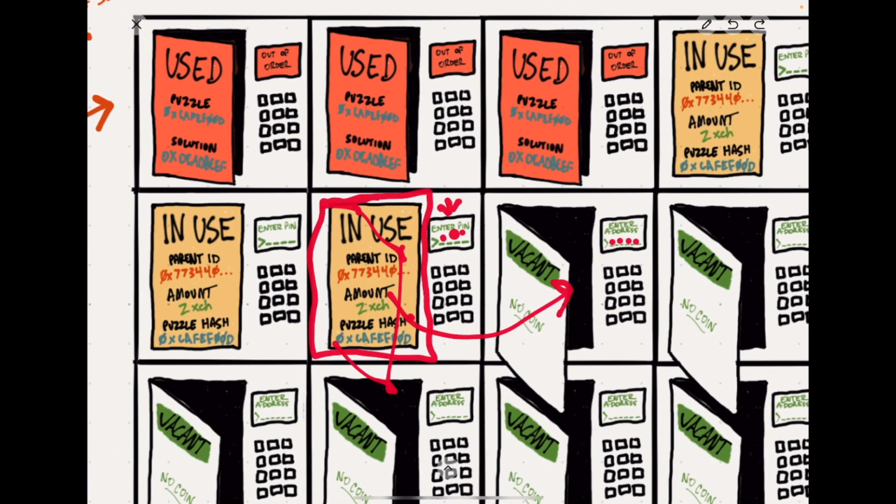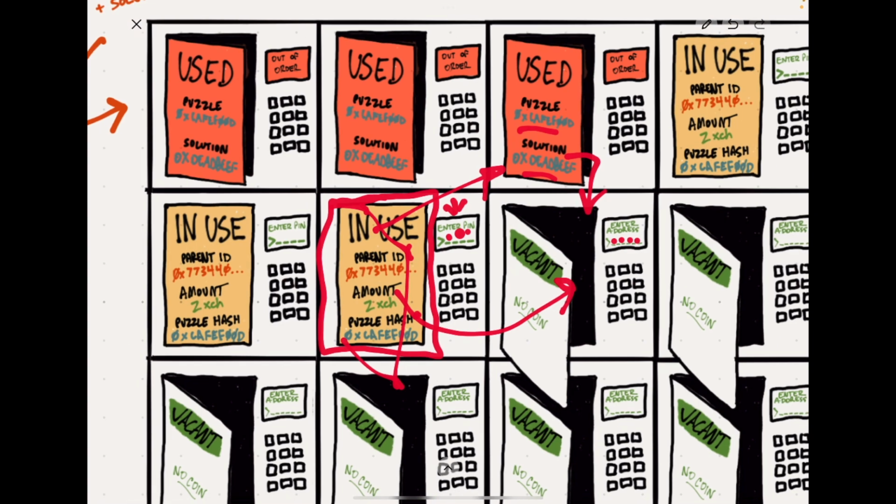The other thing you're going to do on this old locker is turn it into one of these red lockers. So now that locker is going to say used on it, and you're going to post right on the front, here's the real puzzle code I used to unlock this locker, and here's the solution parameters I used. And by the way, these solution parameters point to this new address, this new puzzle hash that I sent this coin to, so to speak. Okay, so that's the idea.